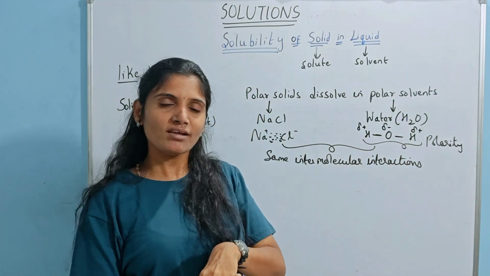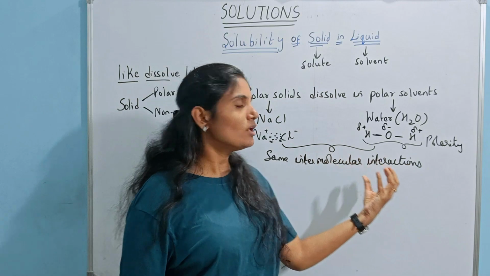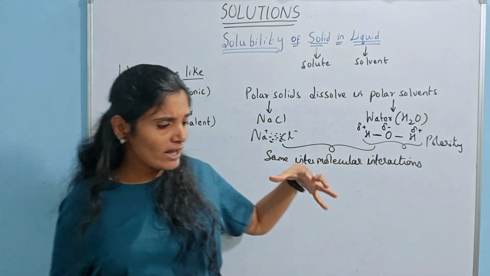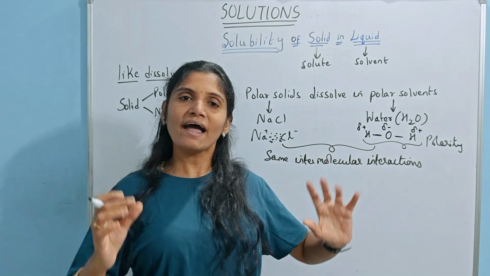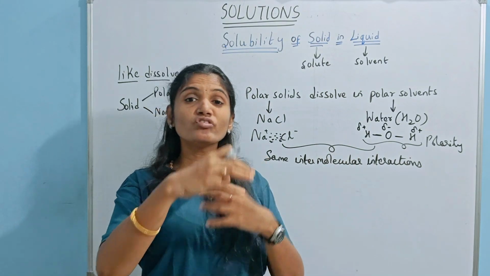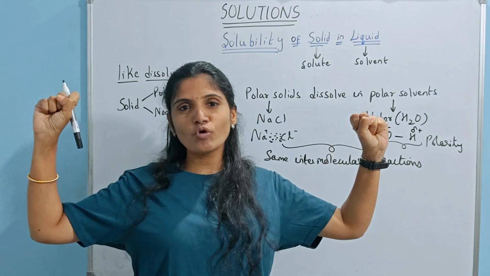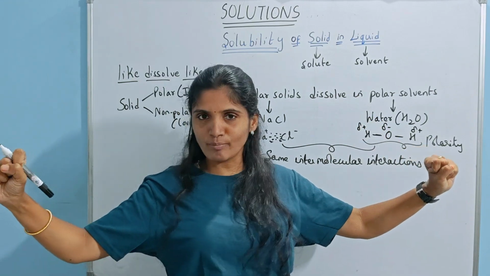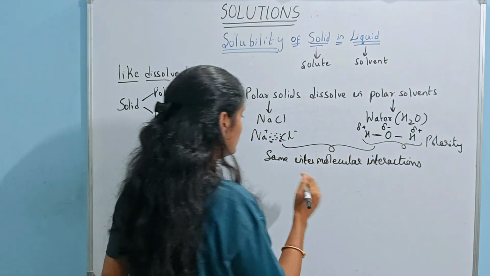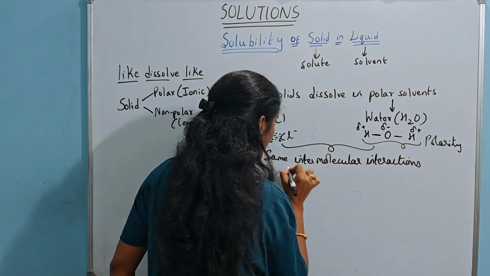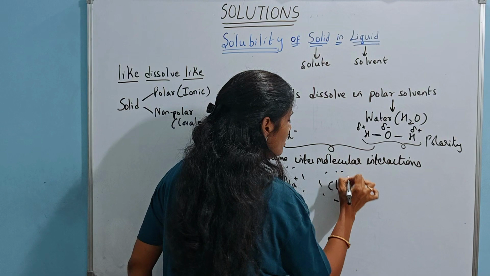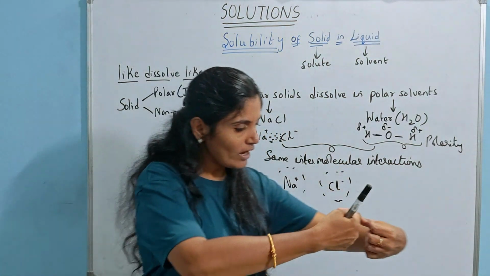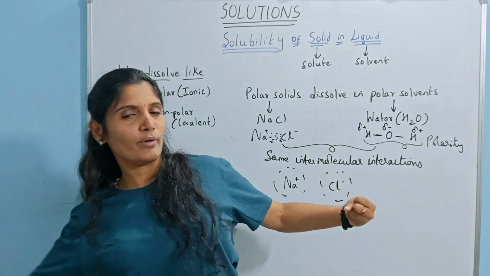Now when NaCl sees H2O, H2O will be like, okay, NaCl has charges. It will try to surround Na+ and Cl- separately. I am not going into the detail, but if you want to know, Na+ is surrounded by many water molecules, and Cl- is surrounded by many water molecules. That's how Na+ and Cl- will get separated.